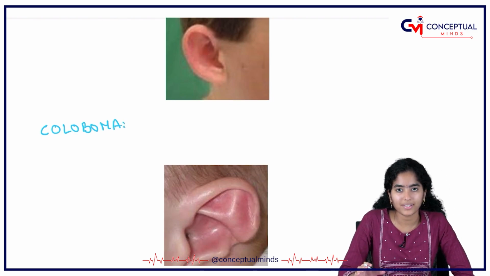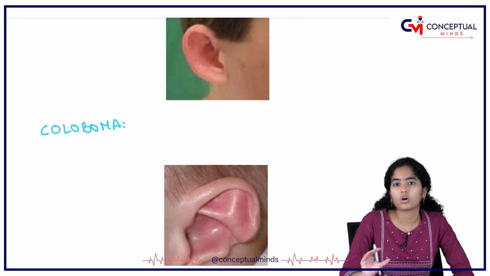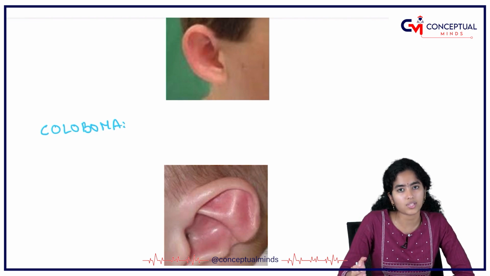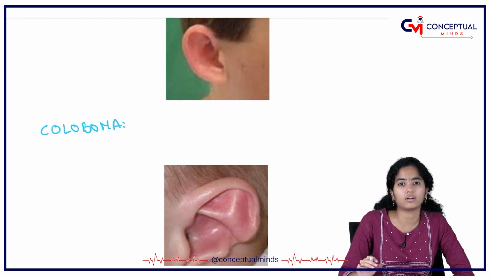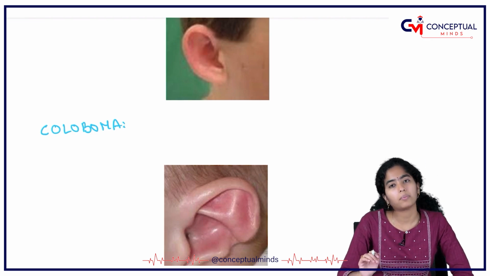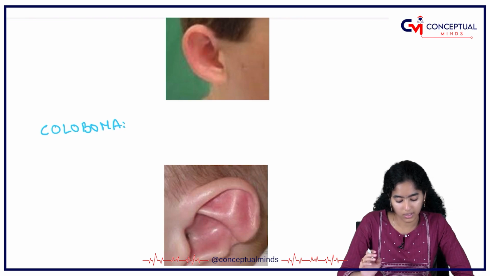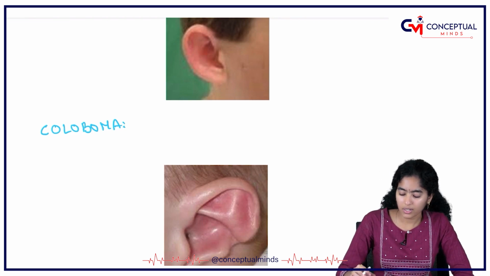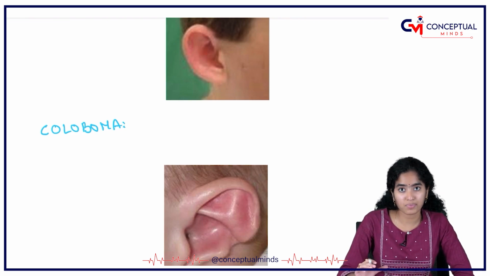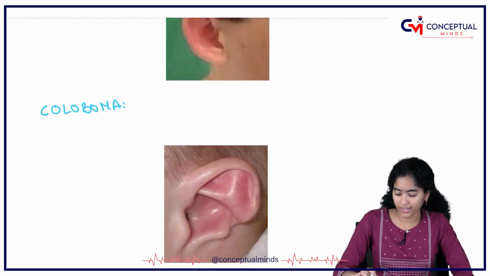Coloboma per se means absence or a defect. Coloboma equals defect. Coloboma is a term that we usually come across in ophthalmology, but in ENT also we have a coloboma, and that is coloboma of the pinna, wherein a small part of the pinna is absent, and that will lead to a defect like this.